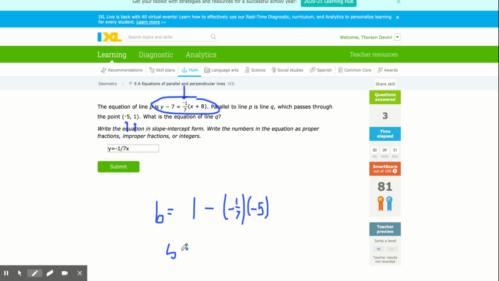And b then would be 1 minus, because a negative times a negative times a negative is negative, 5 over 7, and 1 minus 5/7 will be a positive 2/7, because 1 is 7 over 7, and 7 minus 5 is 2. So my y-intercept is a positive 2/7.